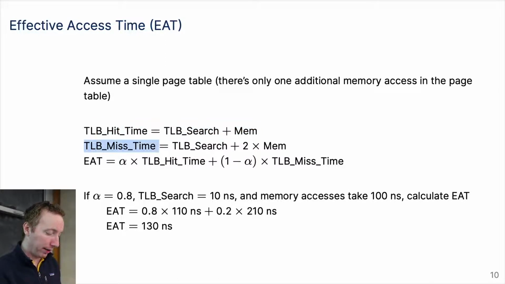And if it's not in our cache, we're going to waste the amount of time we spent searching for it, plus we have to have two memory accesses. So we have to look it up in the page table, and then we actually have to use that memory directly. So can anyone tell me what this would be if I have a 3-level page table? What would my miss time be?